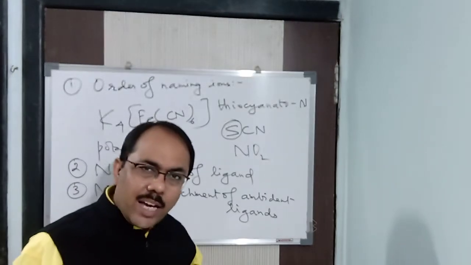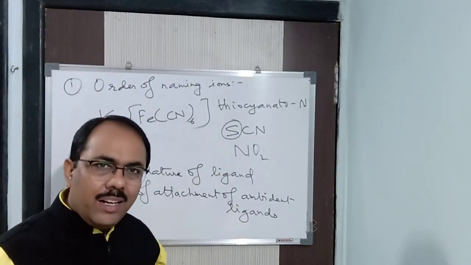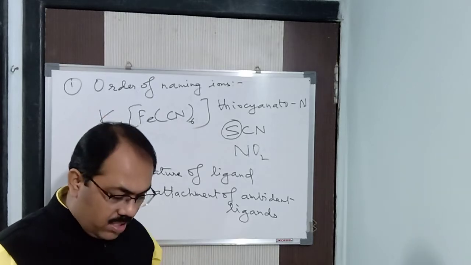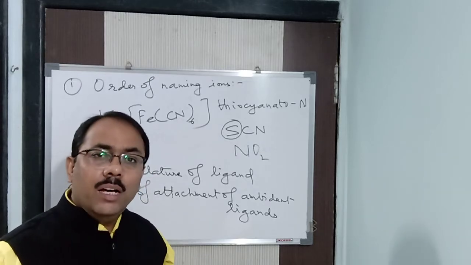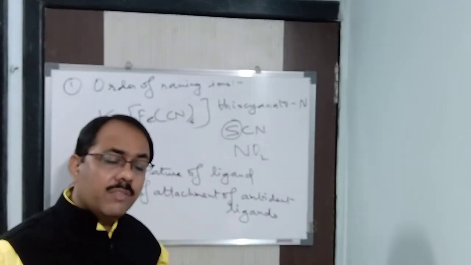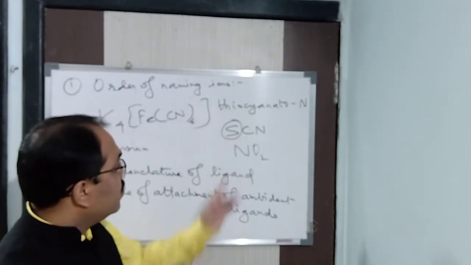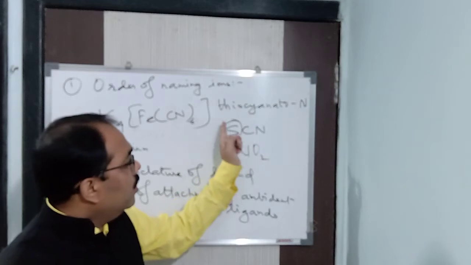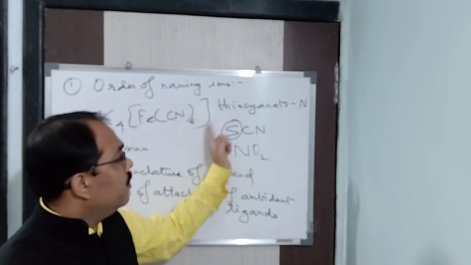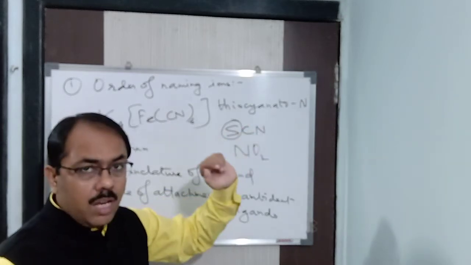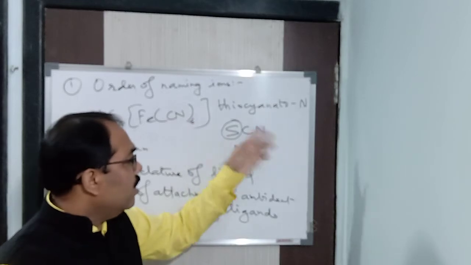So while writing the IUPAC name, if an ambident ligand is there, we need to see the mode of attachment, whether it is through one particular atom or another. In the case of SCN, if it is sulfur, it will be thiocyanato-S. If it is nitrogen, it is thiocyanato-N.